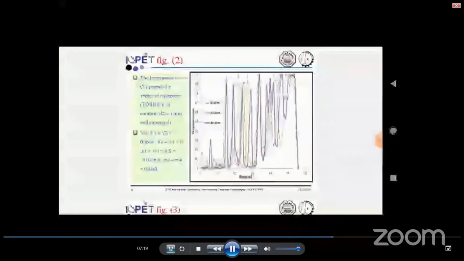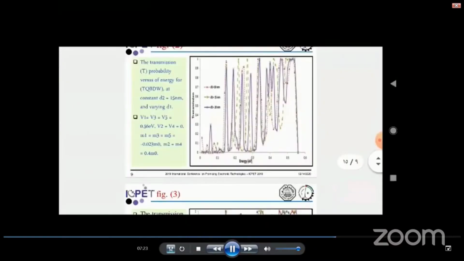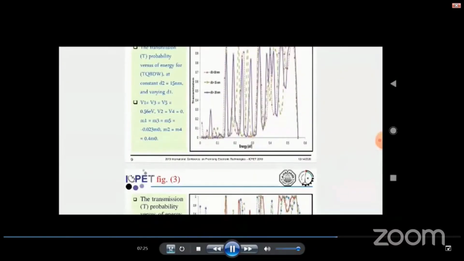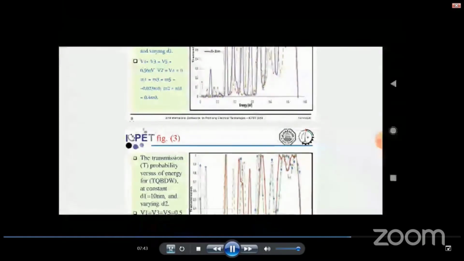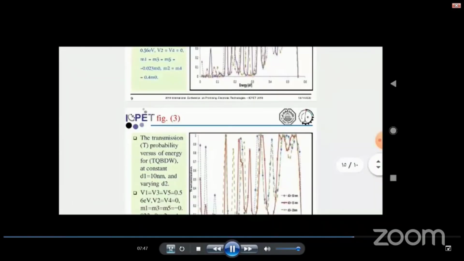V1 equal V3 equal V5 equal 0.56 electron volt, and the potential of the wells equals 0, and the mass M1 equal M3 equal M5 equal minus 0.023 M0, and the mass of the wells equals 0.4 M0.